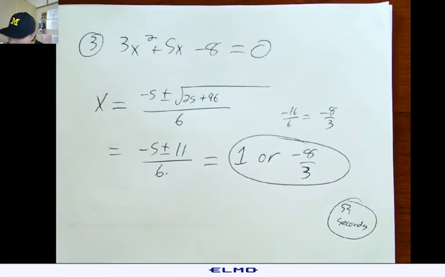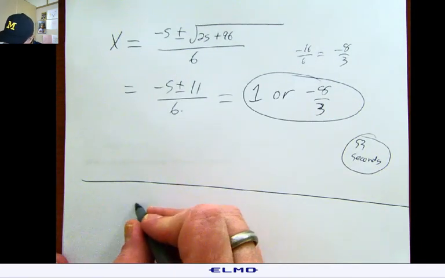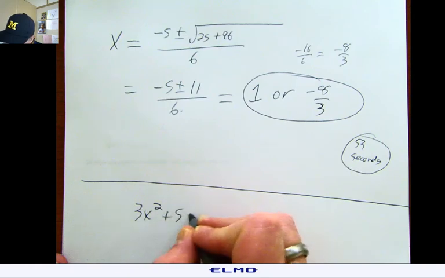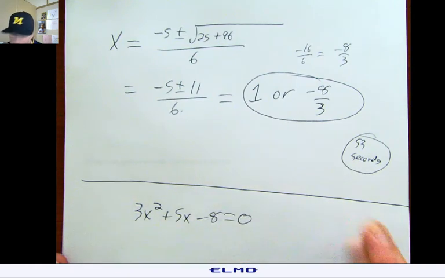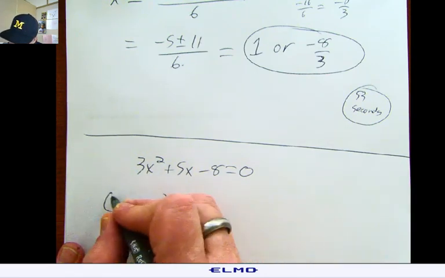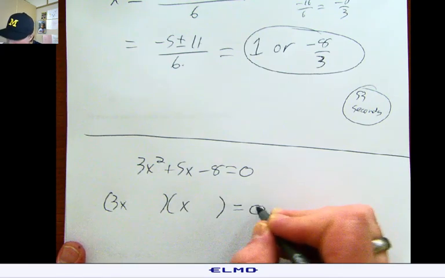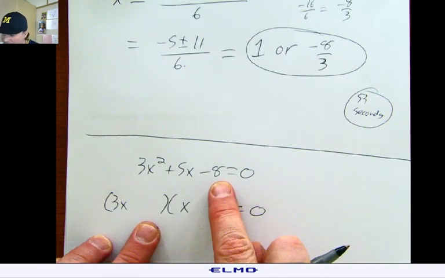Could I solve it faster using factoring? I don't know. Let's find out. So 3x squared plus 5x minus 8 equals 0. All right, I'm going to start it now. All right, let's see. 3x and x. I know it's 3x and x equals 0. And then how would I multiply to 8?